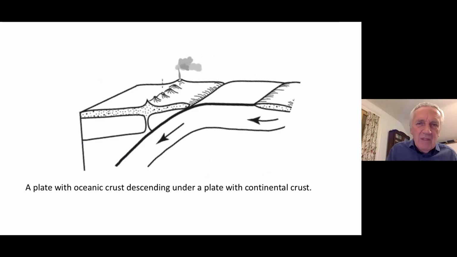Let's move to a different situation. This is where a plate with oceanic crust is descending under another plate with continental crust on top.